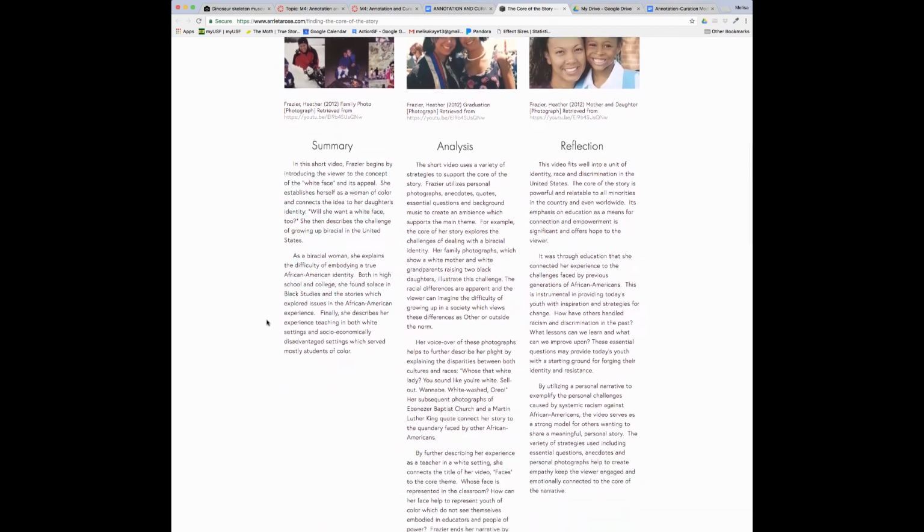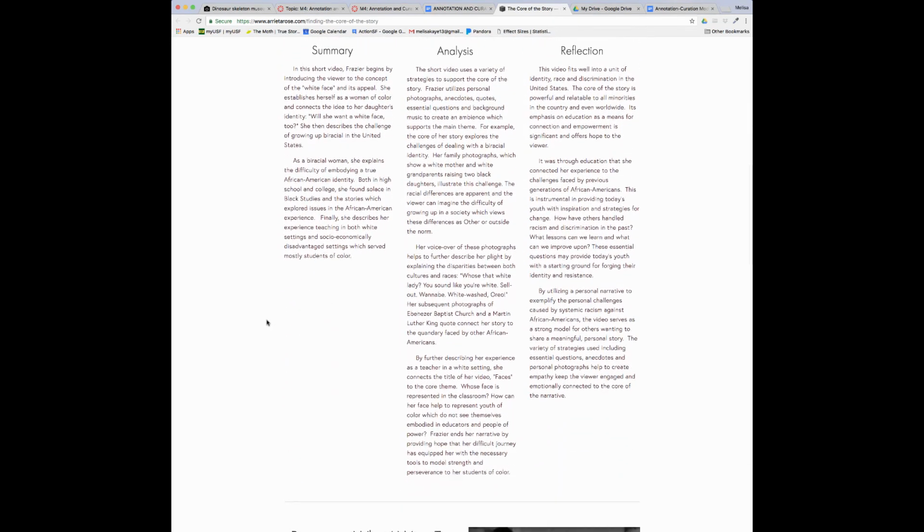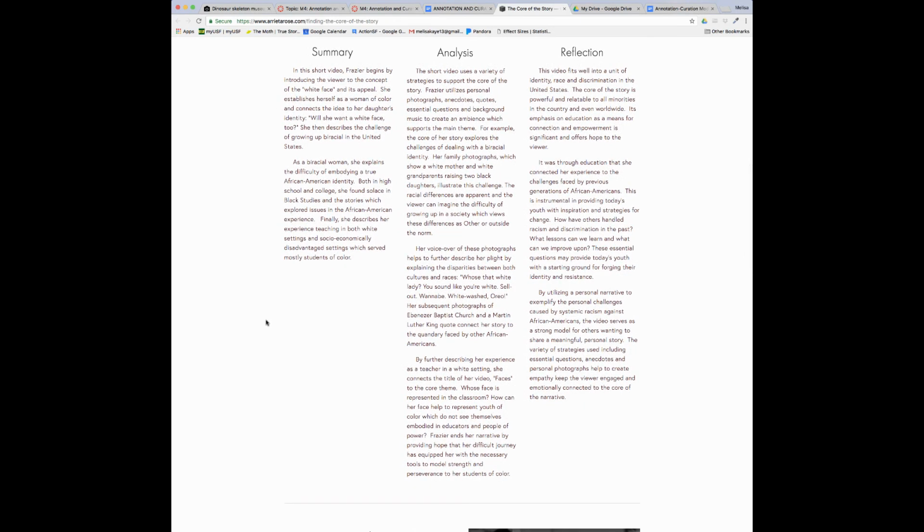And then she too has this kind of 3-part approach, which is required of this assignment. So notice the summary, which I'm not going to go through each of these parts of hers, but the summary is relatively short and concise. The analysis is longer and has to do with a number of different aspects that have to do with the video.